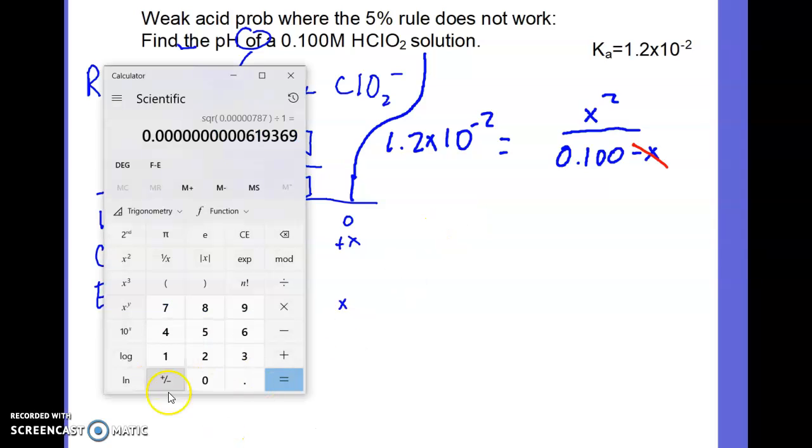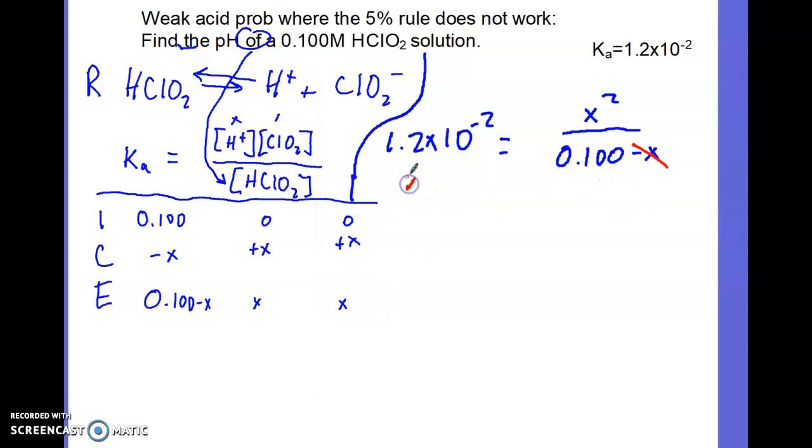So the square root of 0.1 times 1.2 times 10 to the negative second, equals that, and then I have to take the square root of that, gives me x.